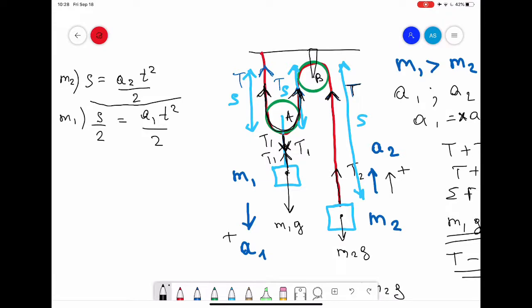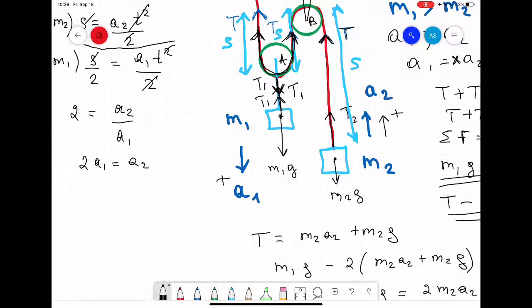You will get 2. This S will cancel, T squared will cancel, and these 2 will cancel. Then you will get 2 is equal to A2 divided by A1. Or you can say that 2 times A1 is equal to A2. Okay? This is what we get now.